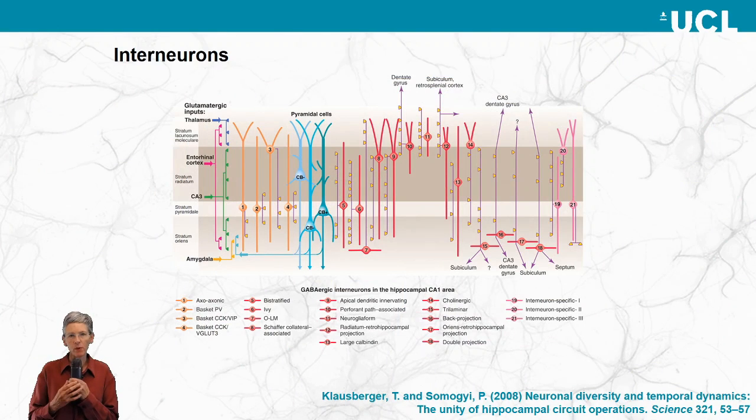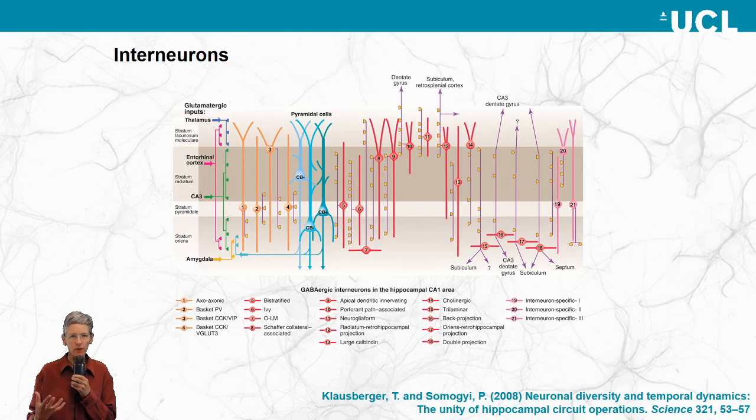So, for example, we've known for a long time that in amongst the cells that we've been talking about, which are called principal cells, so these are cells that have long axons that stretch from the region where the cell is to some other region, for example from entorhinal cortex to hippocampus. And principal cells are excitatory, so they use glutamate as their neurotransmitter, and their action is to stimulate neurons that are downstream in the chain.